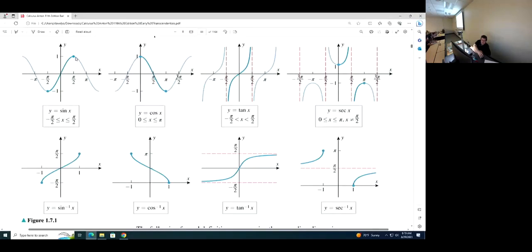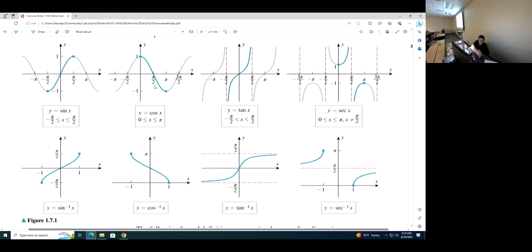We don't go back down and get anything more below -1, and we don't go further to the left and get anything above 1. We're getting the full range of values there, so that when we do the inverse, it's also 1 to 1. Same thing with cosine.